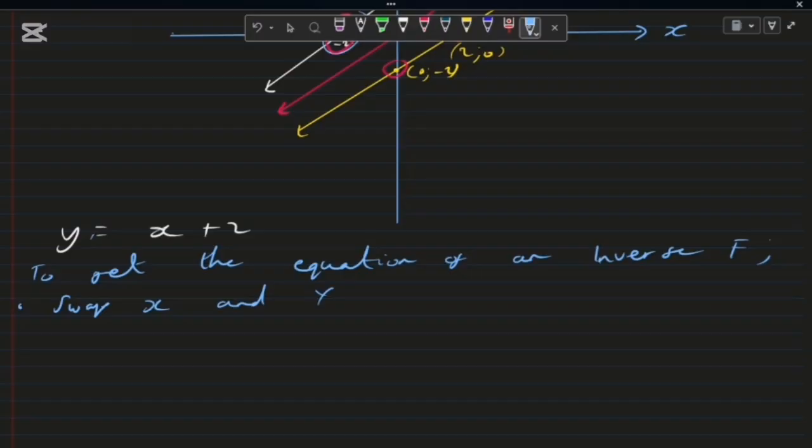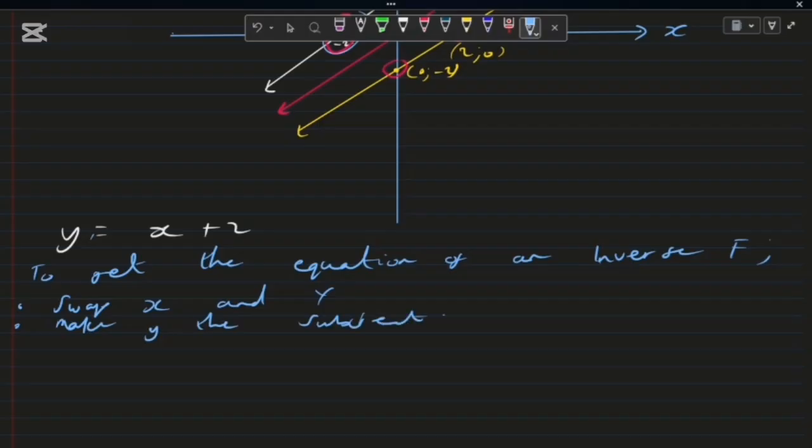And number two, we need to make y the subject of the formula. And then after that, we know that that particular equation is the equation of the inverse function. So number one, we swap x and y, and number two, we make y the subject of the equation.